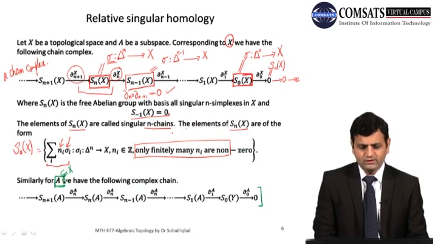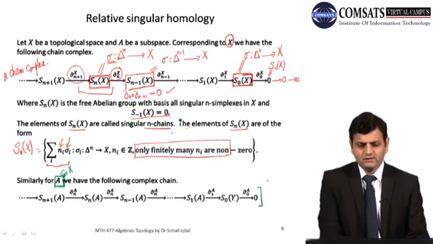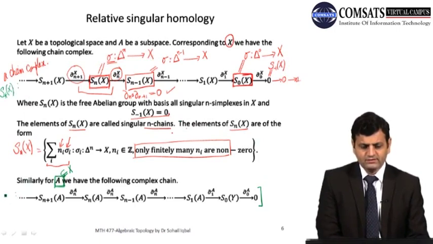The only difference between the topological space A and the topological space X is that A is contained in X; otherwise it's the same construction. So now we have two chain complexes. One chain complex is denoted by S lower star of X, and the other is denoted by S lower star of A.